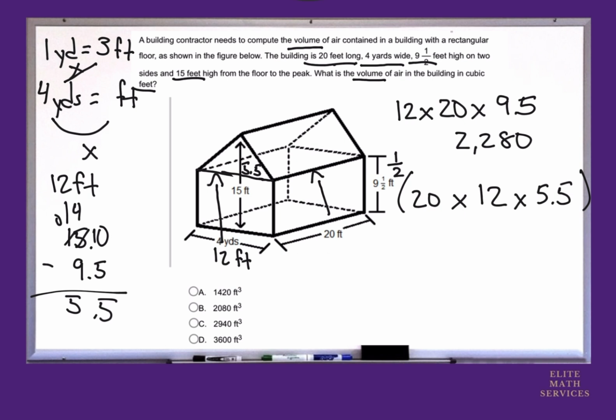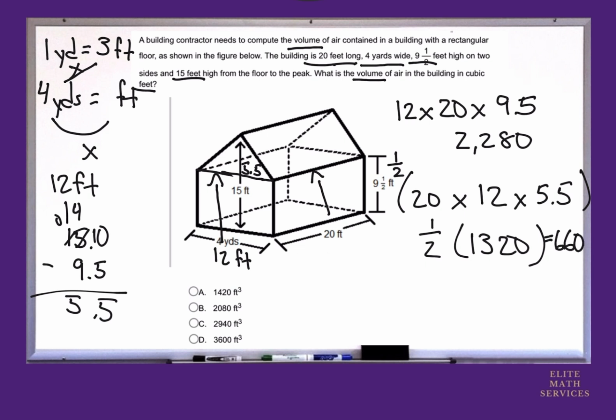That's going to give you 1,320. You multiply that by half, or divide that in half, and it's going to give you 660.